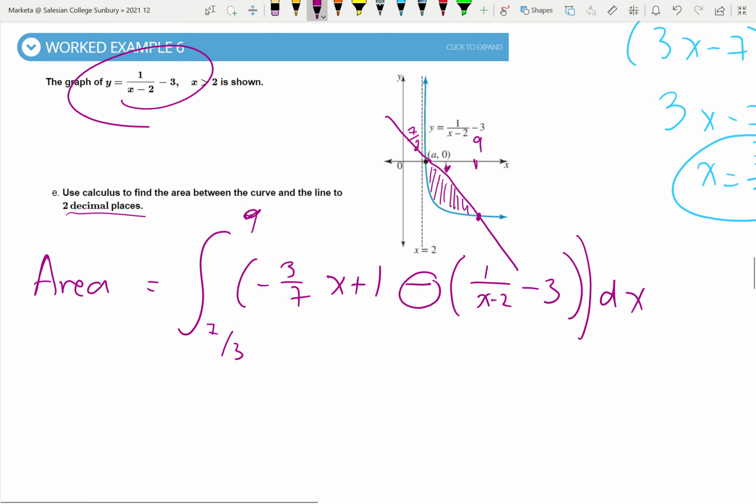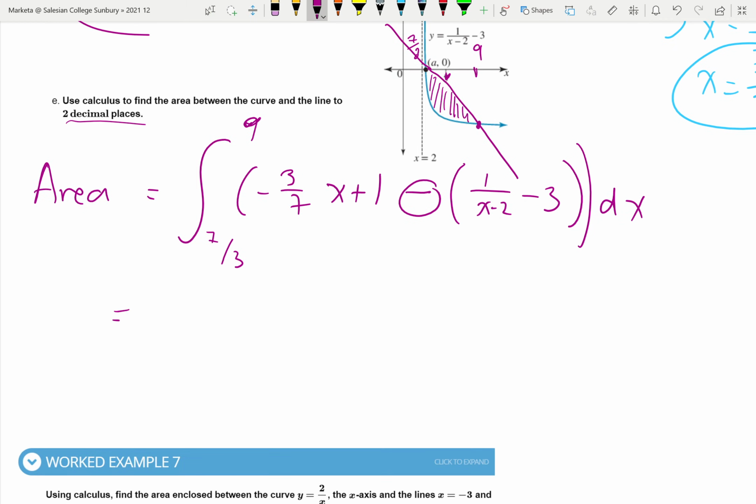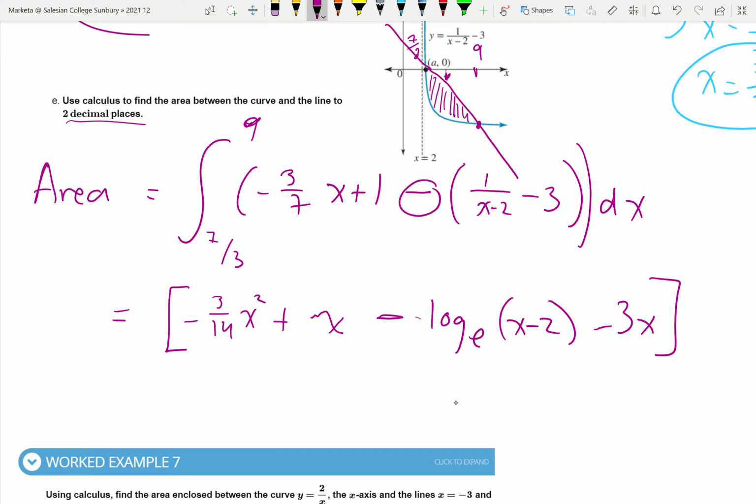Now, what I would do for my second line of working out, I would need to show the antiderivative. So that's going to be negative 3 on 14 x squared plus x minus log e of x minus 2 minus 3x, and we're going from 7 on 3 to 9.